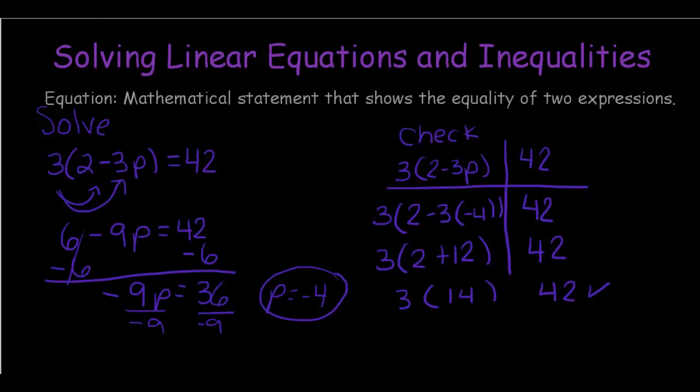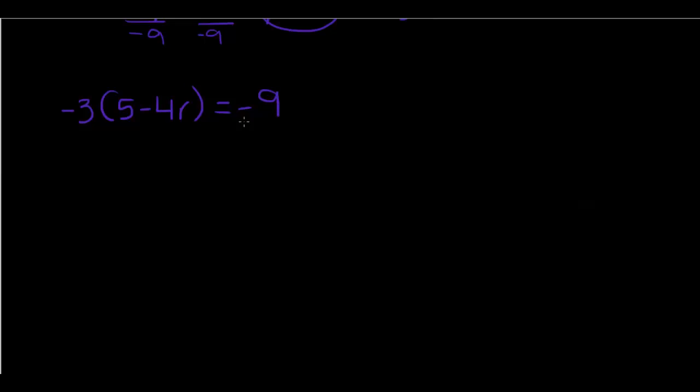Now that one is the first example. We're going to go over another example. We're going to do the same thing. Now the equation is negative 3 times (5 minus 4r) equals negative 9. Again, we're going to use first the distributive property.